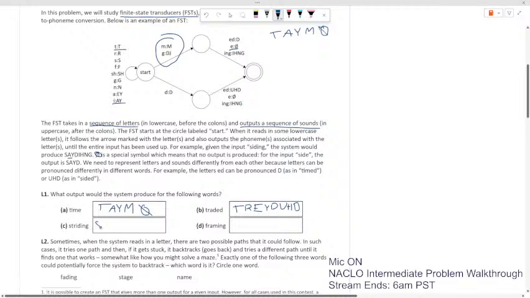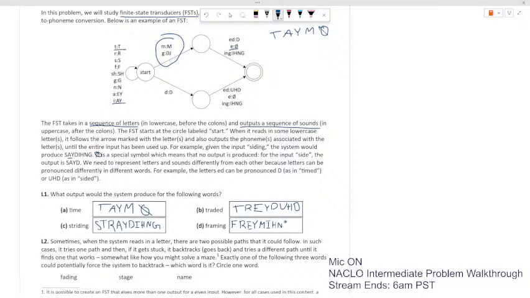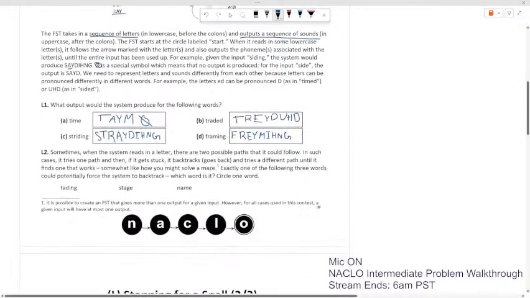Striding. Framing. Okay, so we're done with L1.